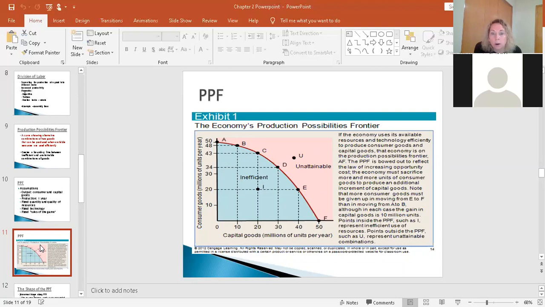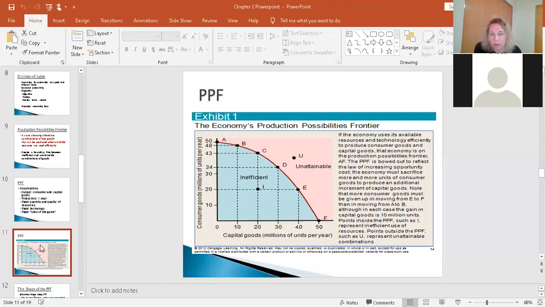You might one day be able to produce in that pink area if you have increases in technology, increases in resources, some other things we're going to talk about here in a minute. But right now, today, anything above your PPF is impossible or totally unattainable, okay? Anything below in that light blue is an inefficient use of resources.